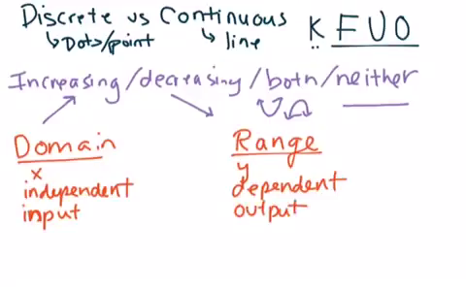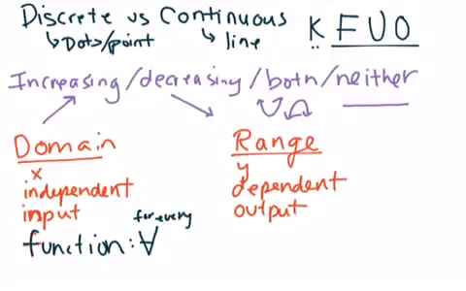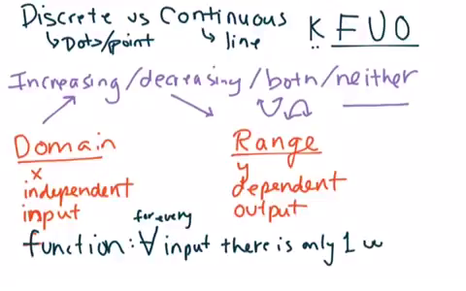In fact, in terms of a function, I want you to put this on here somewhere. A function says, for every, can I teach you a really cool thing? For every is an upside down A, and that stands for every. For every input, there is only one output.